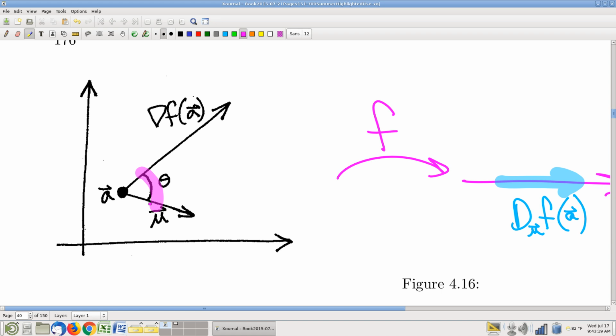The answer is to make that angle 0, or 2 pi, which is the same as 0, of course. So of all these different unit vectors, the best one is the one where that angle is 0. Namely, the best one is the one that points in the same direction as the gradient vector itself.